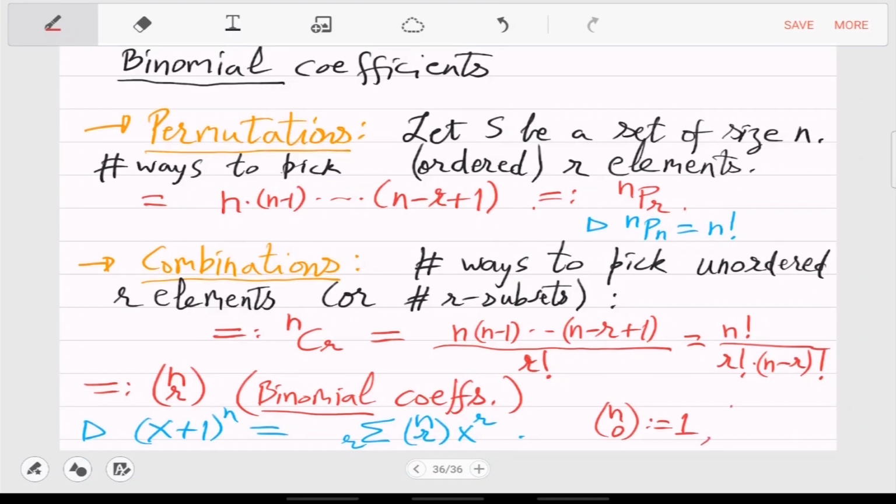And what is n choose n plus 1? Yeah, so the only meaningful thing is it's 0 and so on. Okay, so for negative r's, below 0, you define it to be 0.